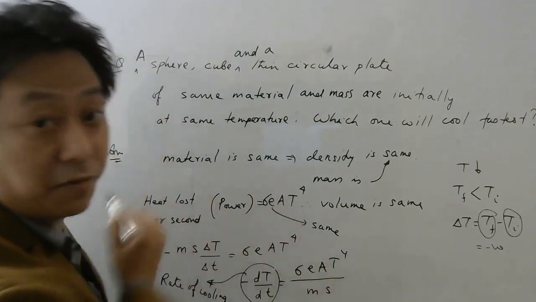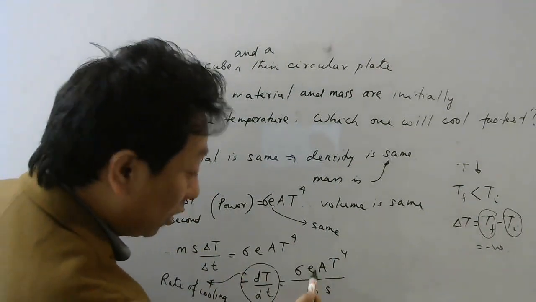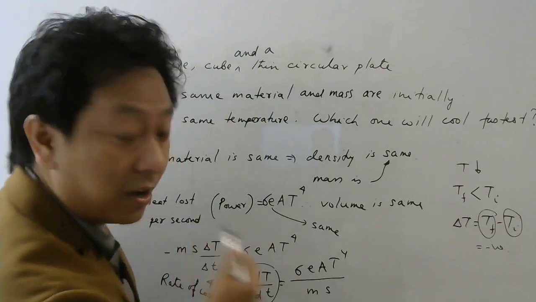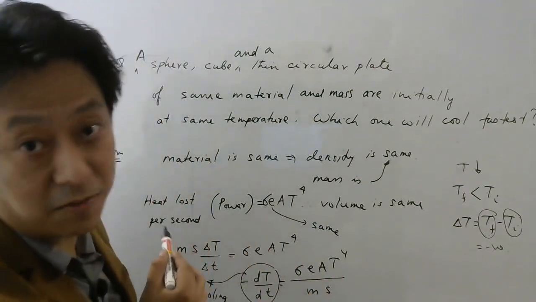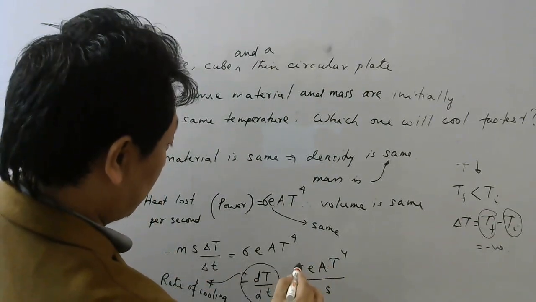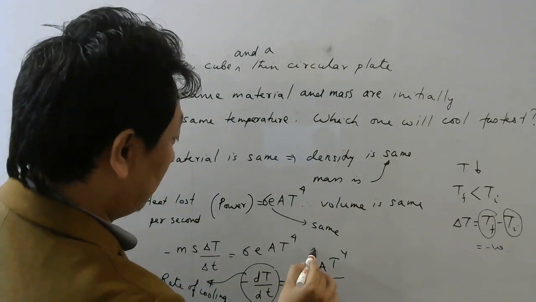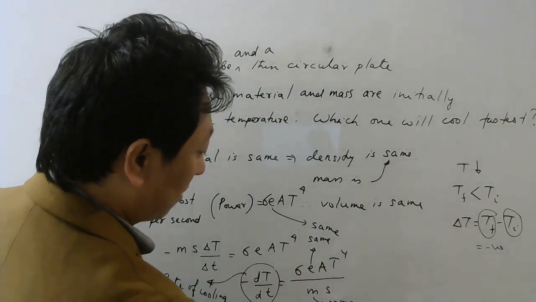So according to this Stefan's law, what did we find? The rate of cooling is proportional to emissivity, area, temperature of the body divided by mass into specific heat in the denominator. But here the sigma will be constant, emissivity is same, mass is also same, right?